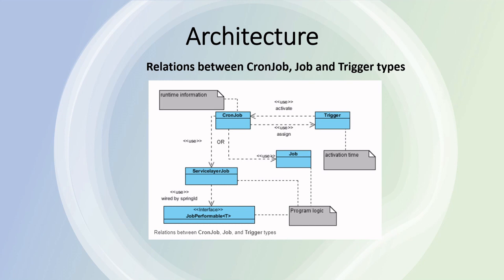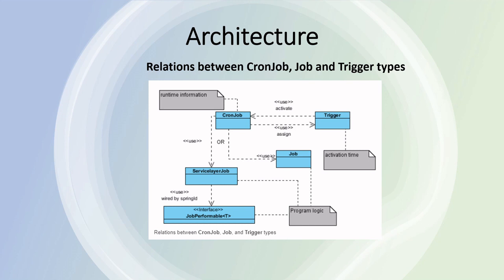Although a job instance does not contain any logic, it provides Spring ID attributes, and in case of a service layer job, it references the Spring bean definition of the execution logic. This Spring bean has to implement the job performable interface, and this is where the real logic is performed in a stateless manner.